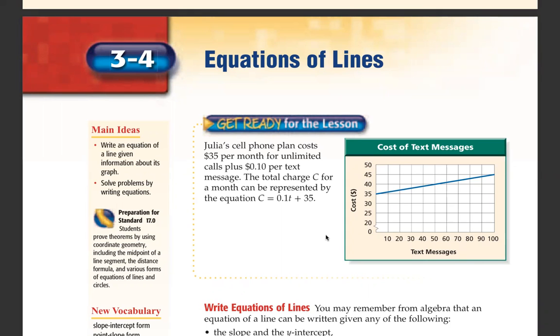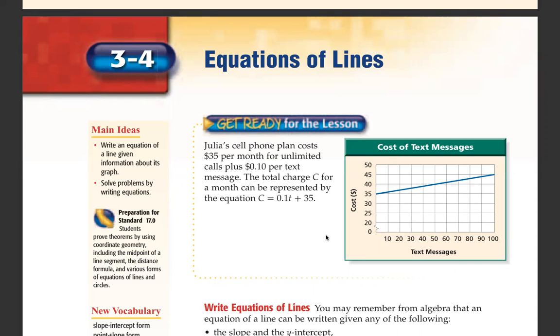No two lines that are drawn differently will have the same equation. Each line has its own equation. If a line is different from the other, then it should have a different equation. So our goal today is to be able to write the equations of the line.